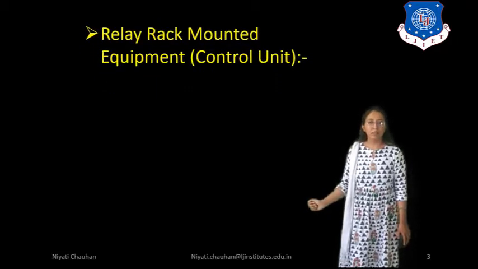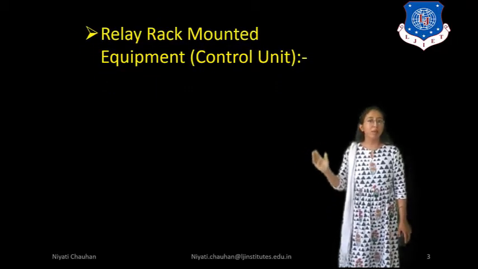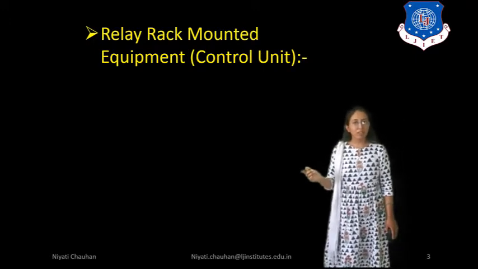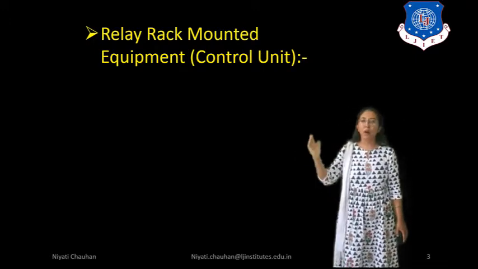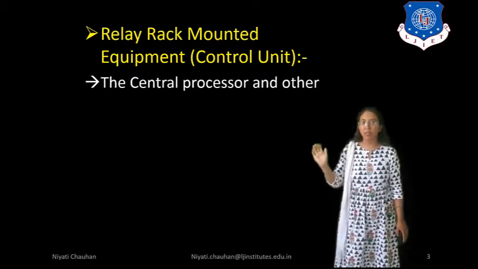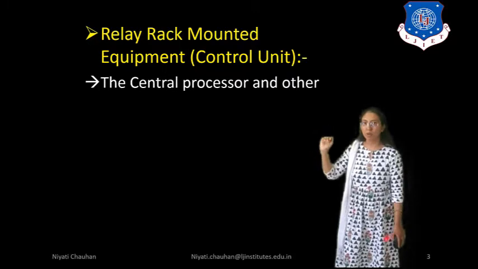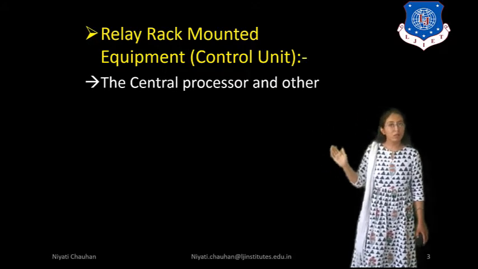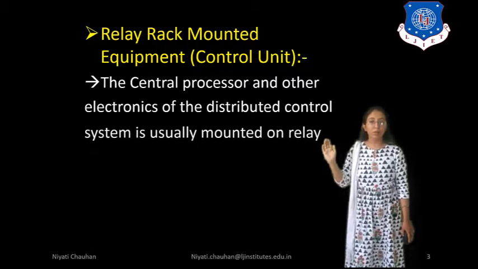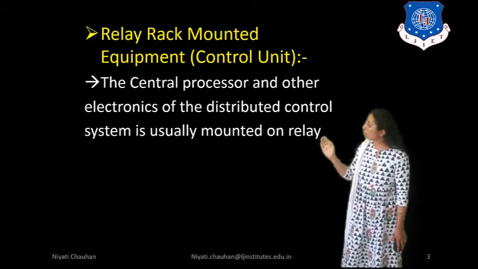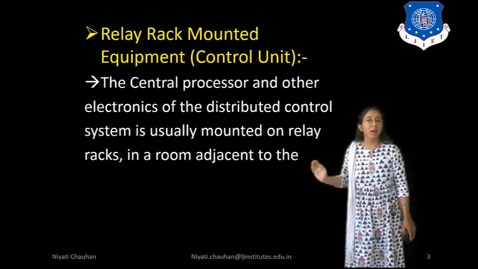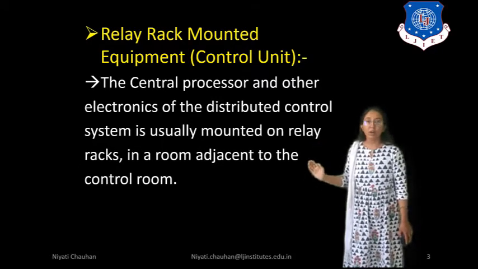So first I discuss relay rack mounted equipment, that is the control unit. In the last lecture we discussed relay rack mounted equipment, so let's see some revision points of this topic. The central processor and other electronics of the distributed control system is usually mounted on relay racks in a room adjacent to the control room.